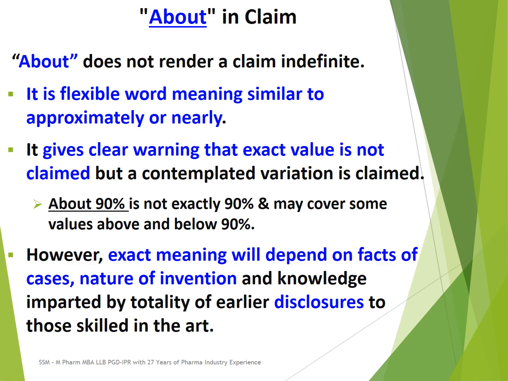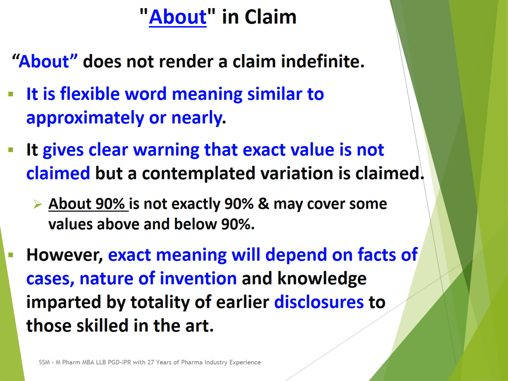Coming to the term "about". The term "about" used in a claim does not render a claim indefinite or ambiguous. About is considered non-ambiguous. About is a flexible word meaning similar to, approximately, or nearly. It gives a clear warning that the exact value is not claimed, but a contemplated variation is claimed.